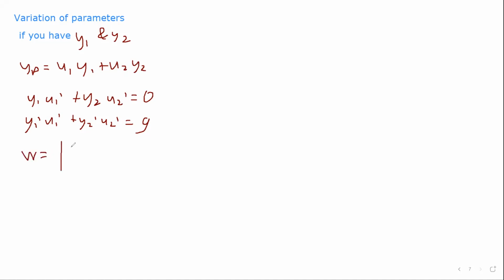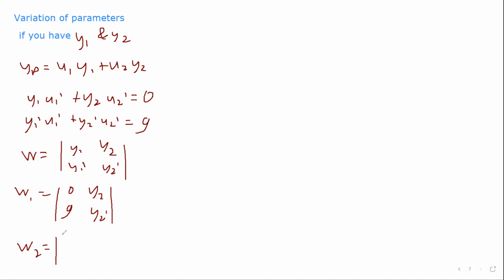W equals the determinant of y1, y2, y1 prime, y2 prime. W1 equals the determinant of 0 g, y2, y2 prime. W2 equals the determinant of y1, y1 prime, 0 g.